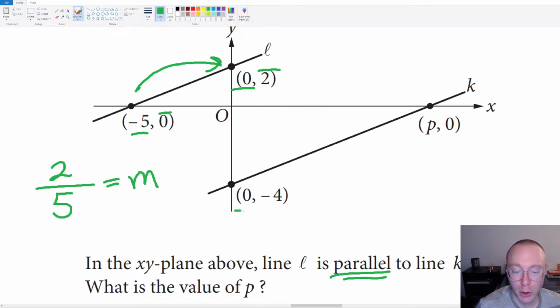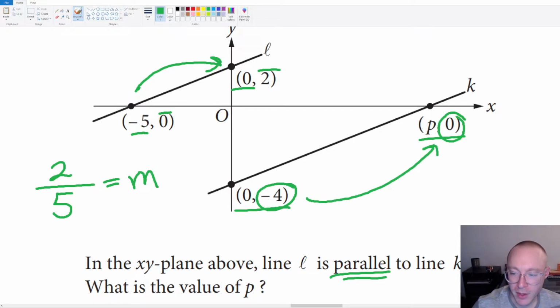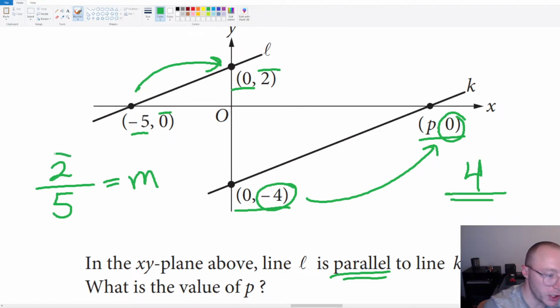All right, if we look at the points on line K now, we'll notice that the y coordinates are completely known. We have -4, and then we're going to 0, and that is a change of 4. So think about it. If the y coordinates are changing by 4 for line K, and they're changing by 2 for line L, we can take this slope and think of it as a movement.